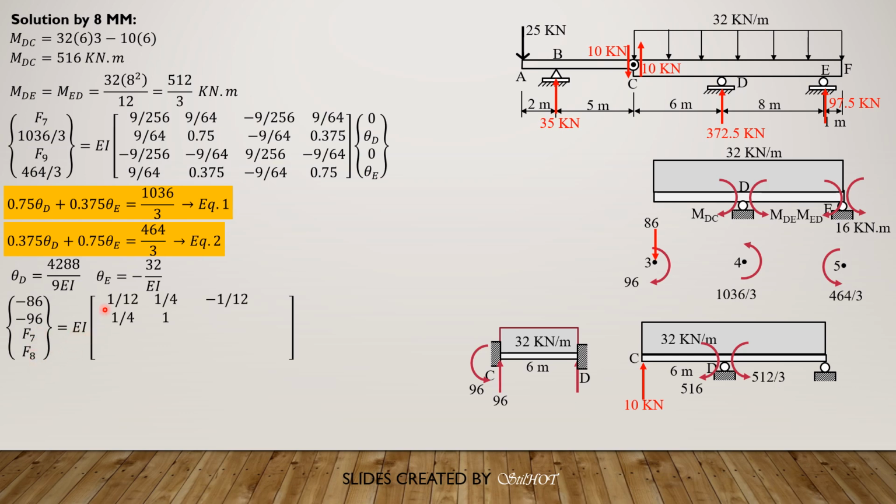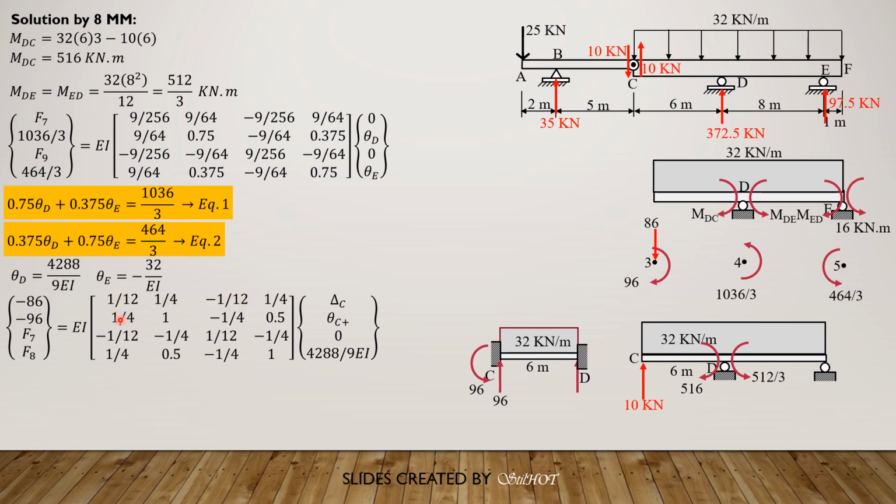EI, then we have 12 times 1.5 over 6 cubed, which is 1 over 12. Then this is 6 times 1.5 over 6 square, which is 1/4. Then copy this element here, then copy this here, but this one is the negative of that value.